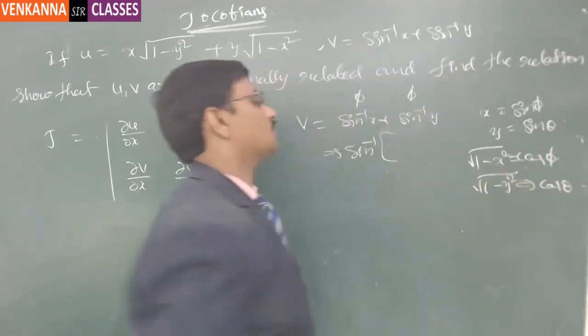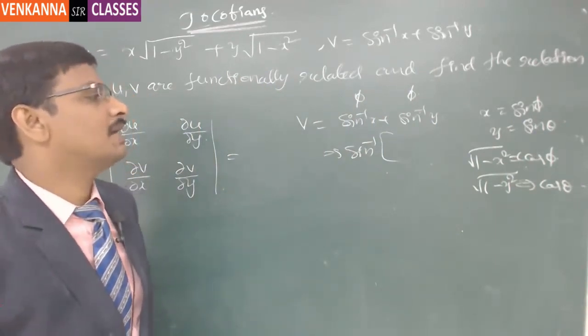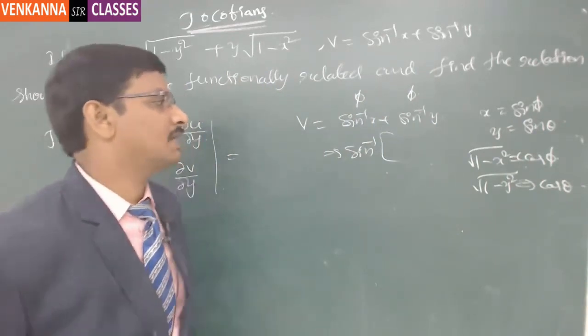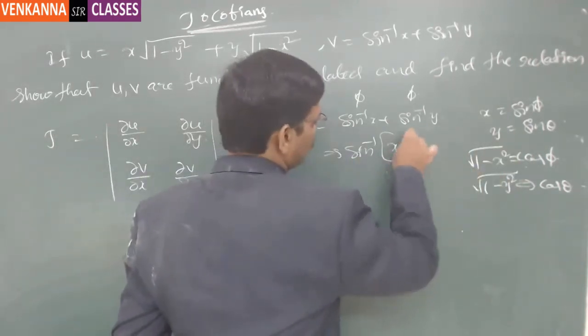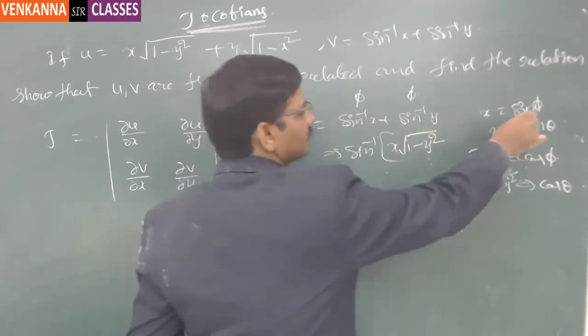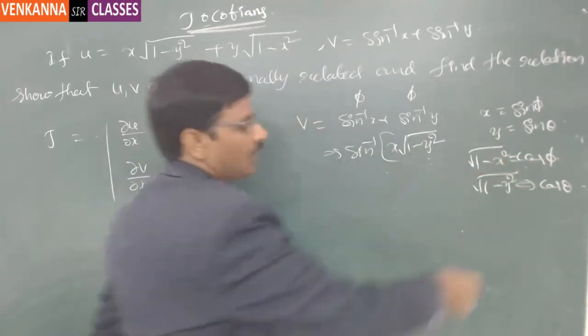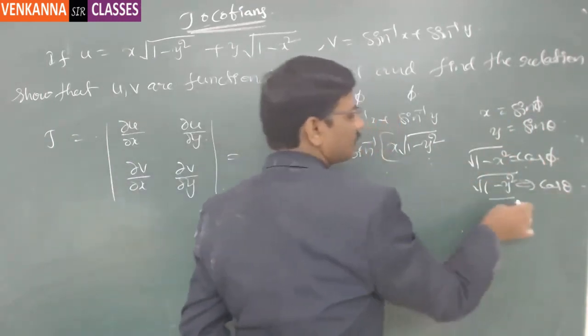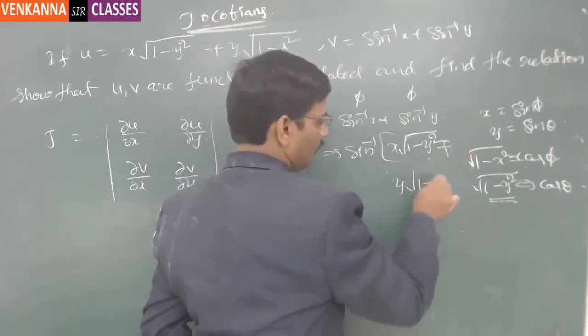Now the sum of these two angles. To take sin of a plus b, we apply sin a cos b plus cos a sin b. So sin a is nothing but x into square root of 1 minus y square, because sin phi is x and cos theta is square root of 1 minus y square, plus y into square root of 1 minus x square.